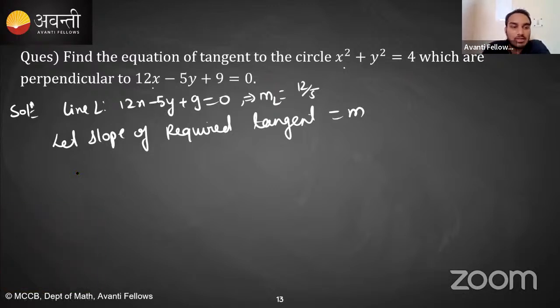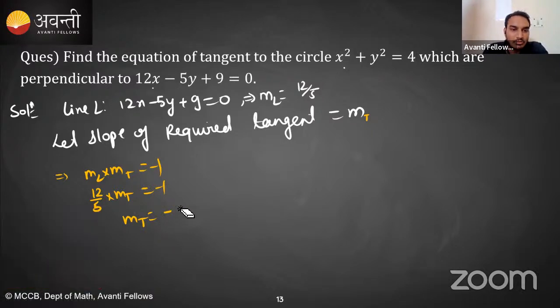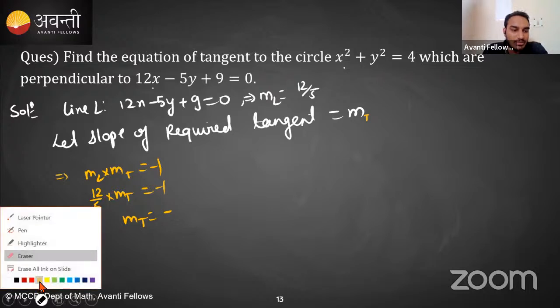So it implies ml into mt, where mt is the slope of tangent, should be minus 1. The product of slopes should be minus 1 if the two lines are perpendicular. So 12 by 5 into mt is minus 1. So the slope of tangent is minus 5 by 12. Is this clear?